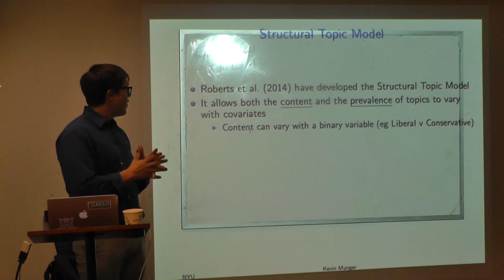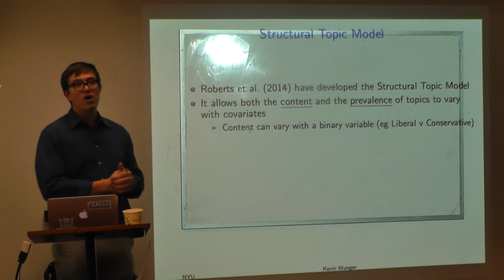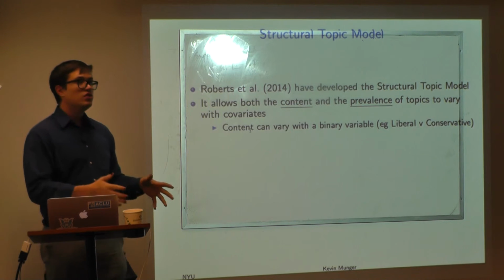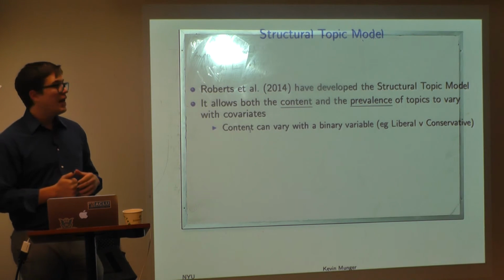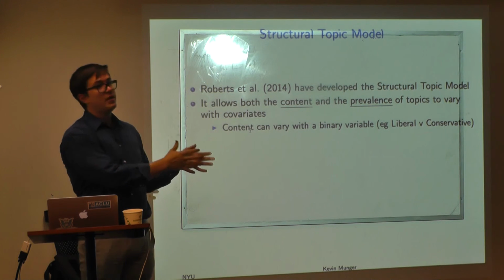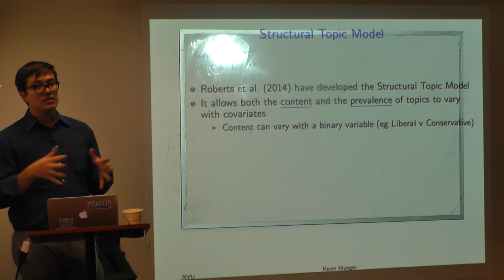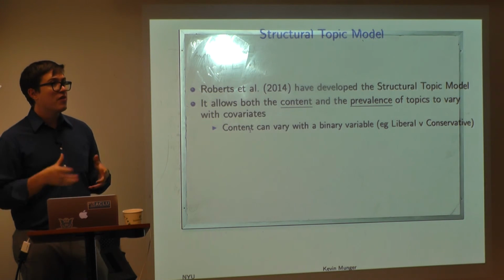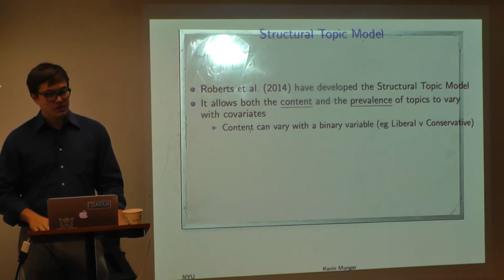In this case, it can vary with a binary variable right now. So we've defined the topic, and we know that perhaps liberals and conservatives use different words to talk about the same topic. Whereas with LDA, we would only pick up on this by having 2 topics, maybe a liberal guns topic and a conservative guns topic. With STM, we can actually see that this is the same topic, but there are certain words that we might use depending on our ideology.